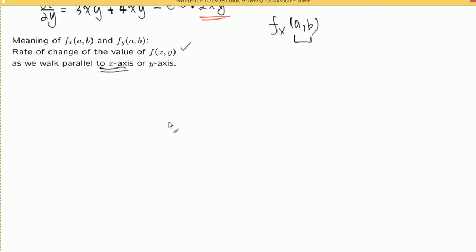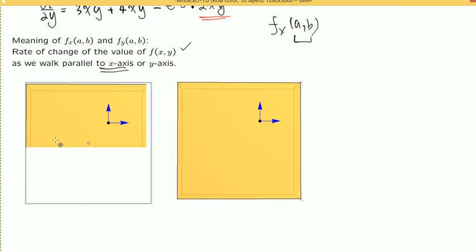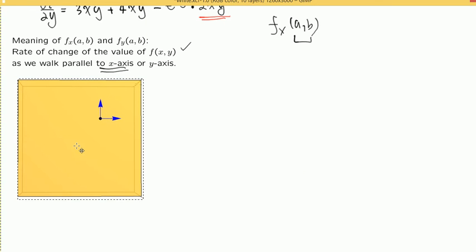It's easier for us to think about this in terms of average rate of change. So suppose that was a comma b. Suppose the temperature there, which is f of xy, was 10. And while I walked along this path 1 unit, then it's going to be a plus 1 comma b, correct?